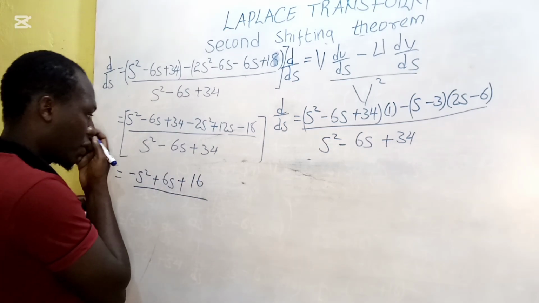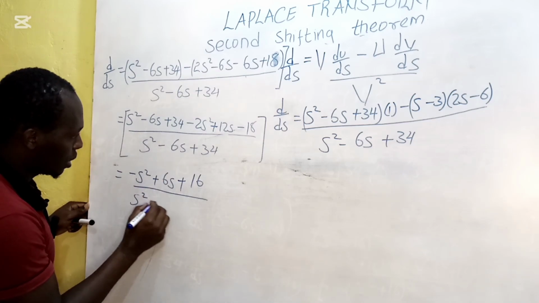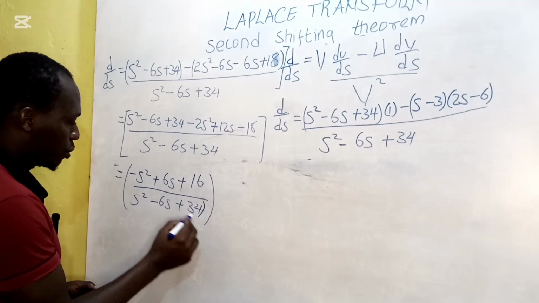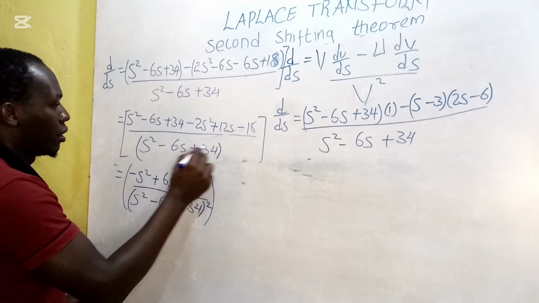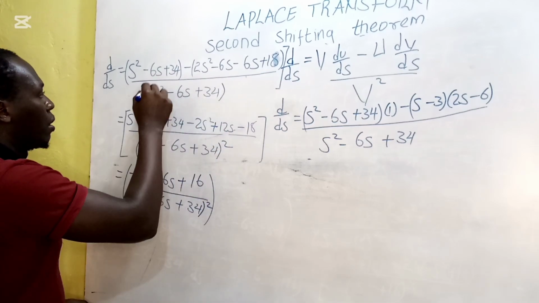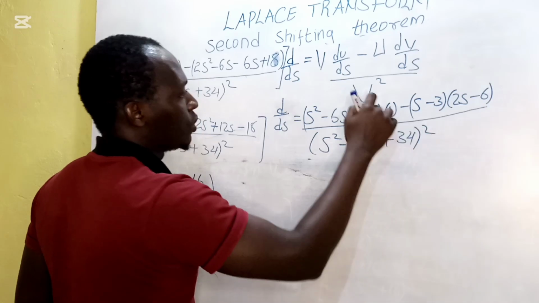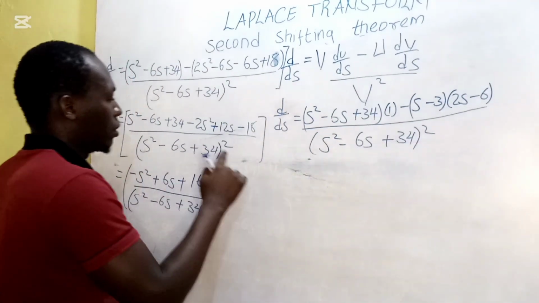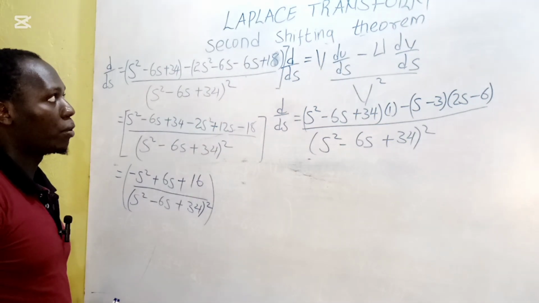Everything is going to be all over s squared minus 6s plus 34, all squared, because it was our term of v squared from our formula. Sorry about that, we are supposed to be having our v squared from our formula.